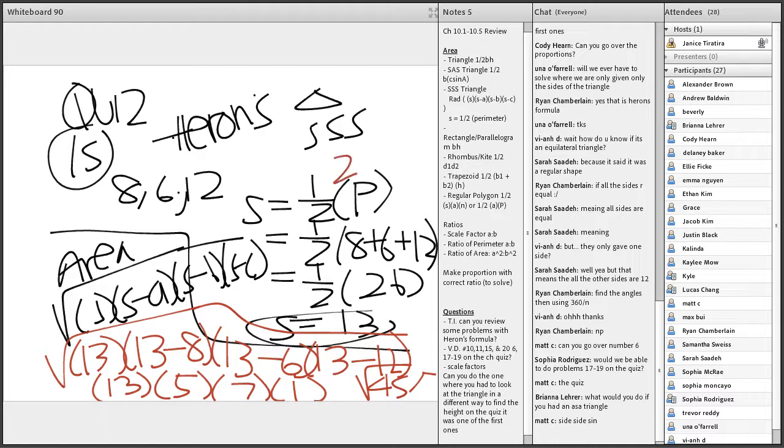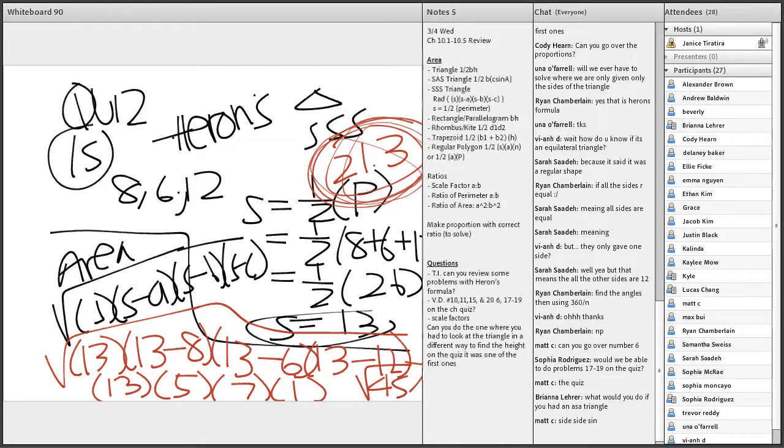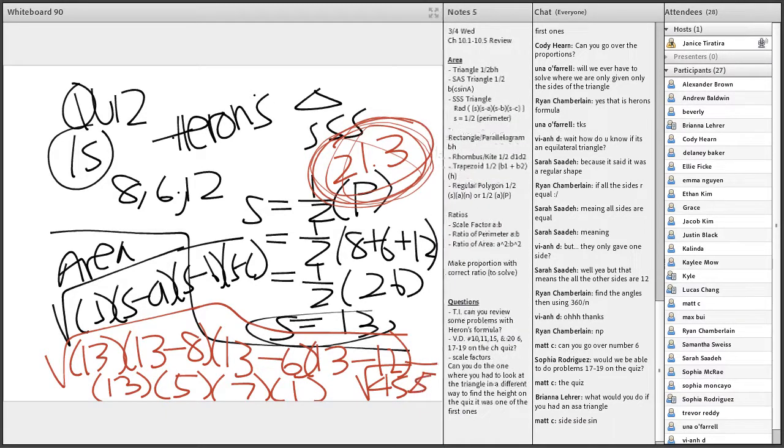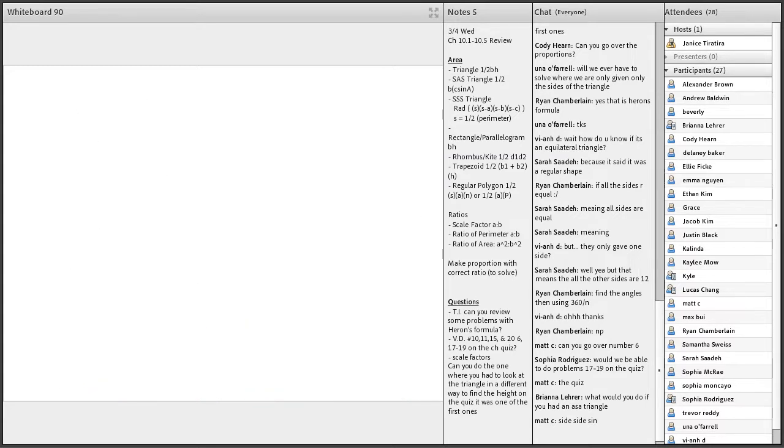And the final answer was 21.3 square units. But if it wanted rad form, we would do rad 455.